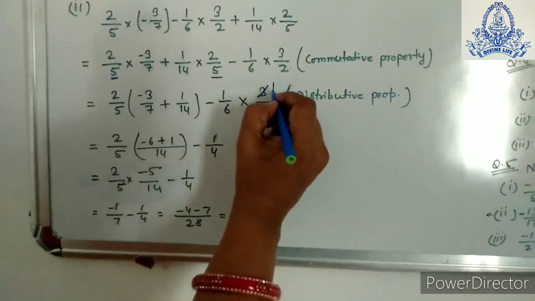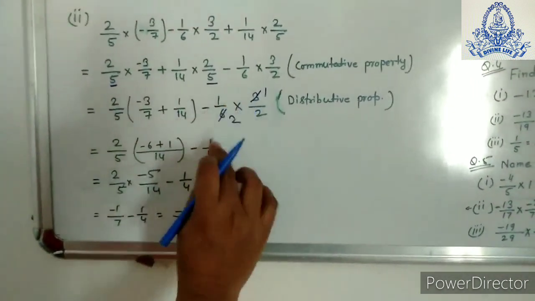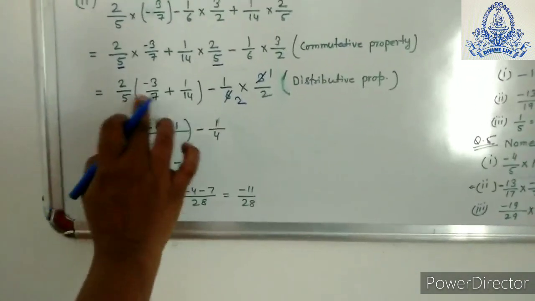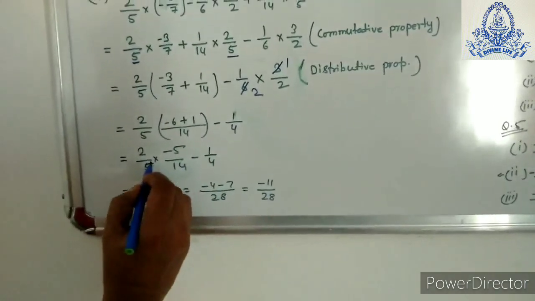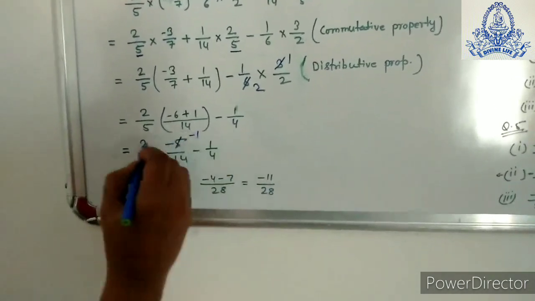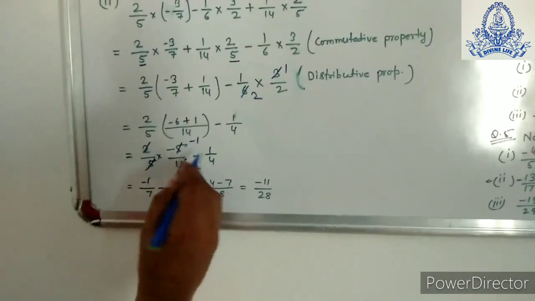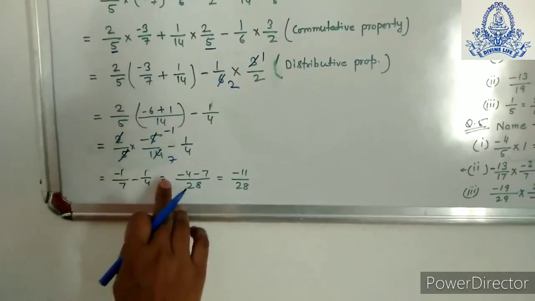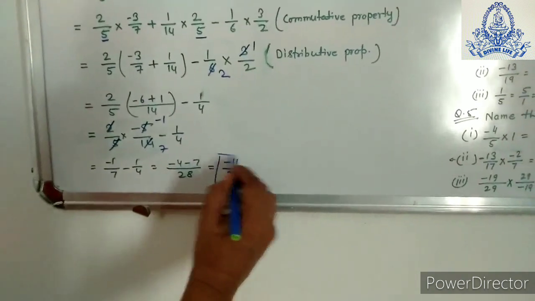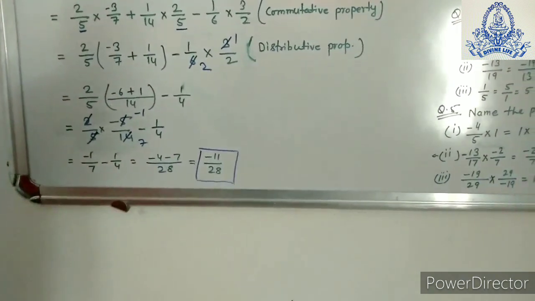Now solving here, we get 1 upon 4. Solving this bracket, we get minus 5 upon 14, and solving here, we get minus 1 upon 7 minus 1 upon 4, and the result will be minus 11 upon 28.